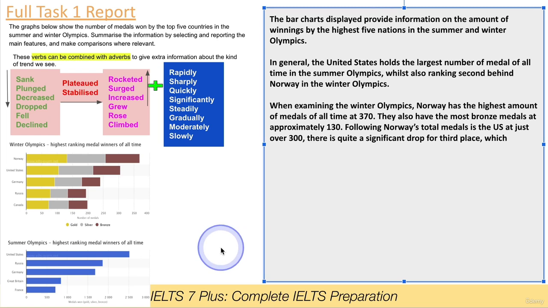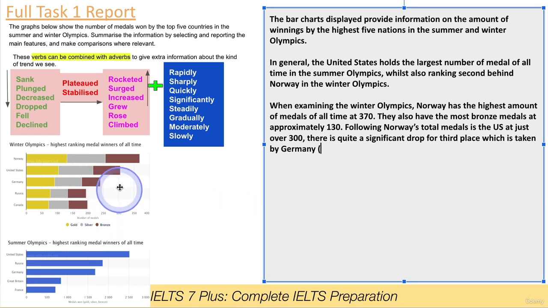There is quite a significant drop for third place, which is taken by Germany.